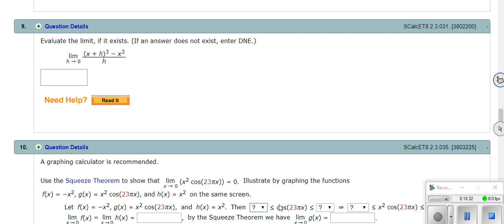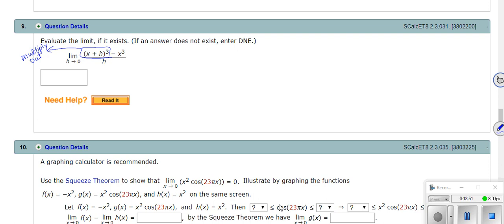Okay, the next one, my tip to you on this one is, again, to multiply this part out.